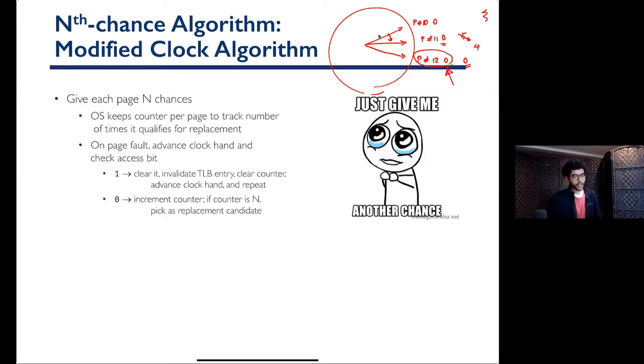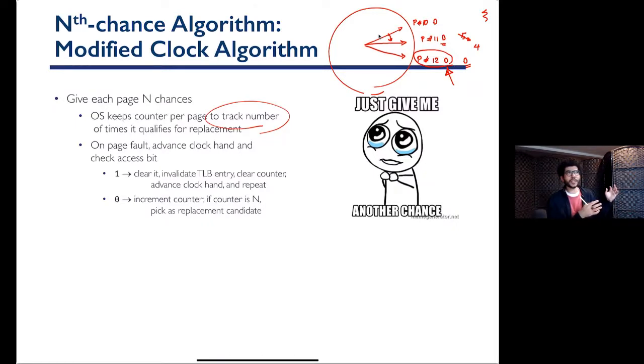So basically, introducing this extra tracking number allows us to give pages a chance to be accessed since the last time they were visited. And by doing so, we are creating more groups. Instead of just having 2 groups, those who have been accessed since the last time and those who haven't, now we have 5 or 6 groups.